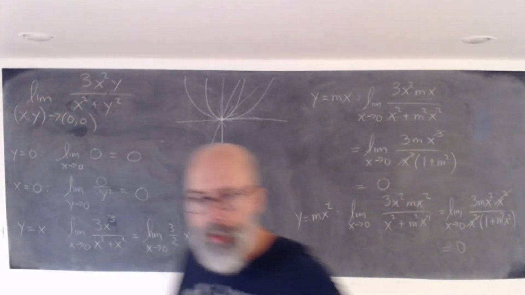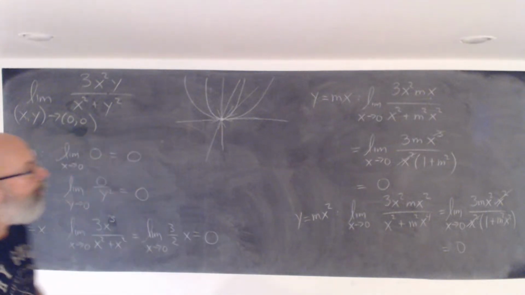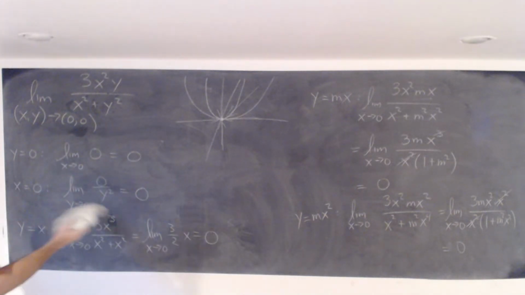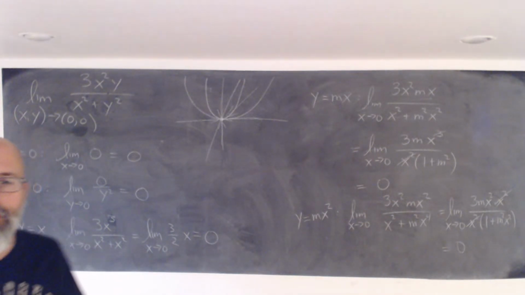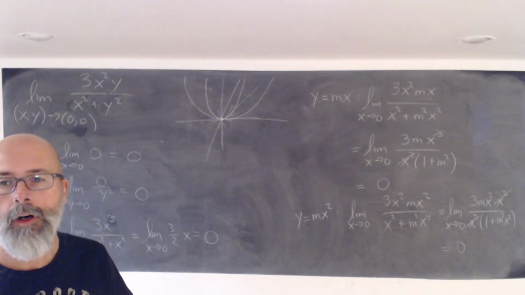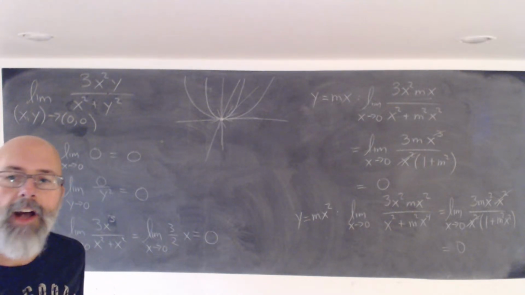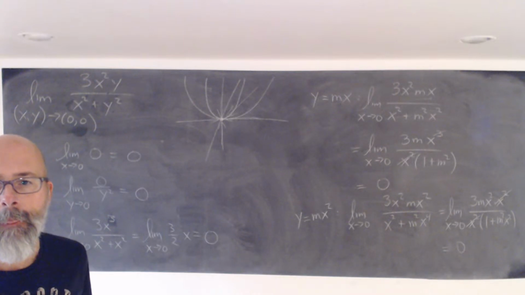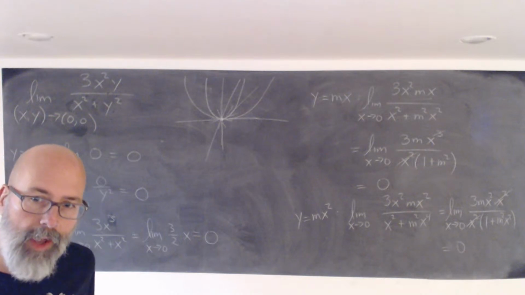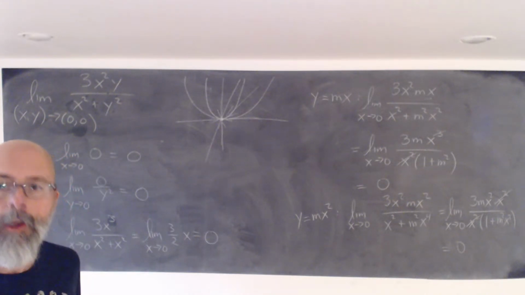You can try with the square root like we did the previous time, but you'll see that you get 0 as well. And at some point, is it valid if we set y equals kx to the p and possibly find some value of k or p? Very nice. That will give you a different answer.